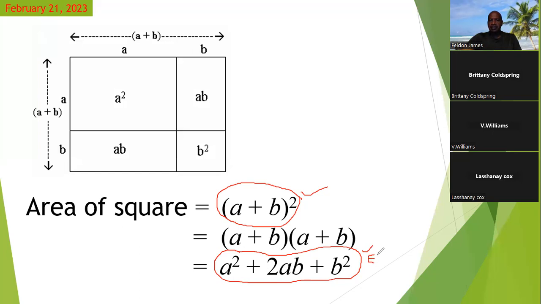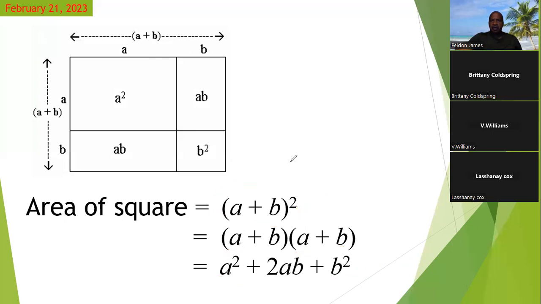Now it is important that you're able to identify both the factorized form and the expanded form of a perfect square, because it is these features that we are going to rely on to know whether or not we can apply that special technique to factorize it. As I said, this can be factorized by the AC method. However, we're going to use a special method based on the features in the expression. And so that's what we're going to be looking at now.